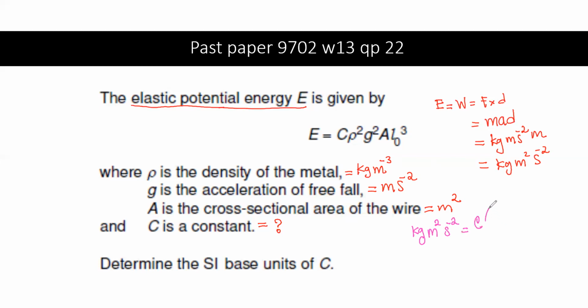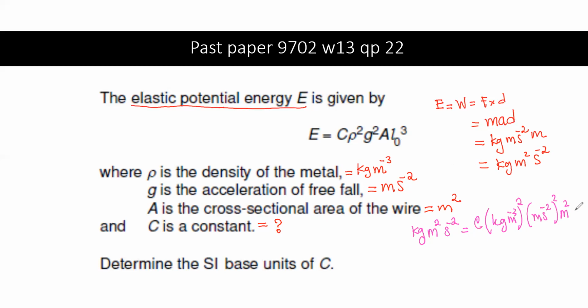The density is kilogram meter minus 3, squared. g is meter second minus 2, squared. A is meter square.